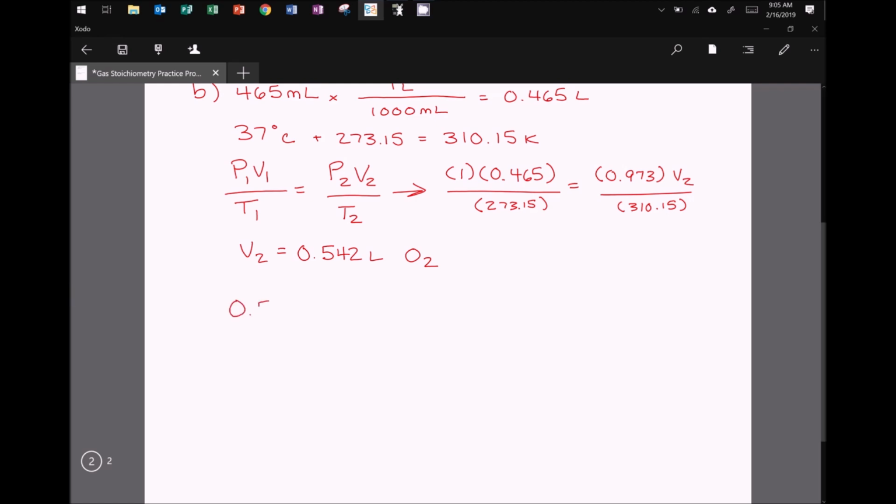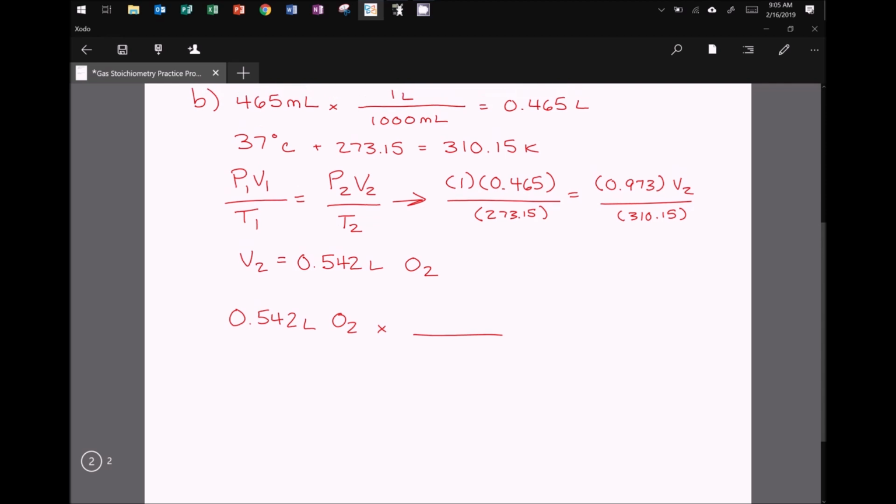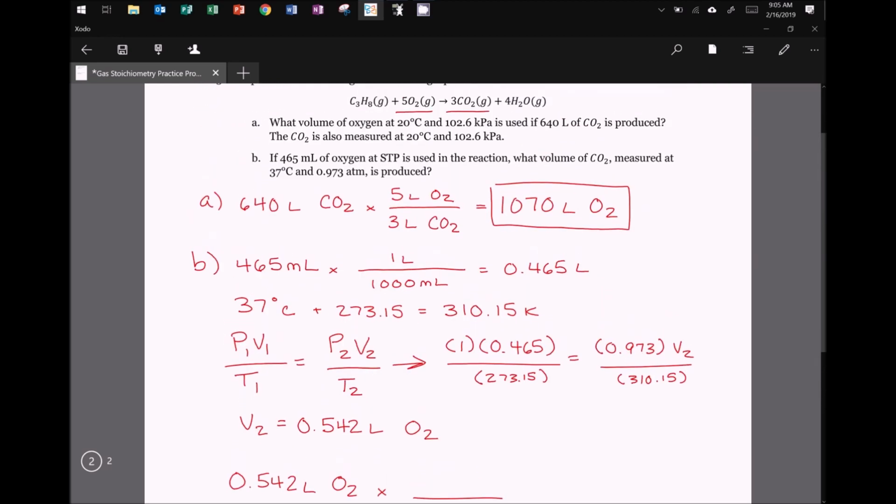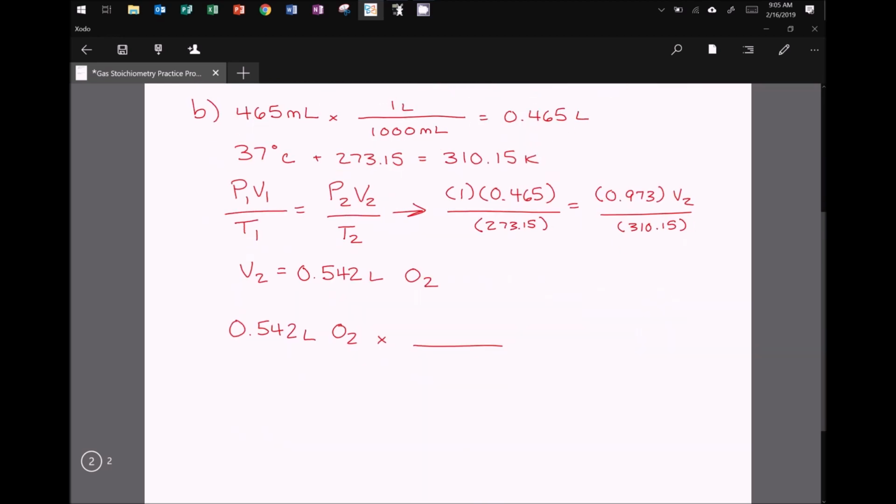So 0.542 liters of O2 times, my ratio is 5 to 3. So for every 5 liters of oxygen, I get 3 liters of CO2.